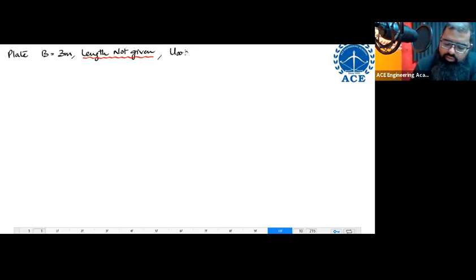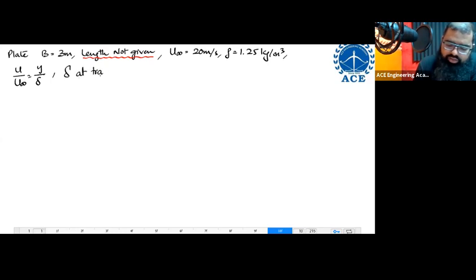It says that the value of u infinity is equal to 20 meters per second. Air is flowing over there. Density is equal to 1.25 kg per meter cube. The velocity profile is u upon u infinity is equal to y by delta. The value of delta at the trailing edge is some 15 mm. All this much is mentioned.